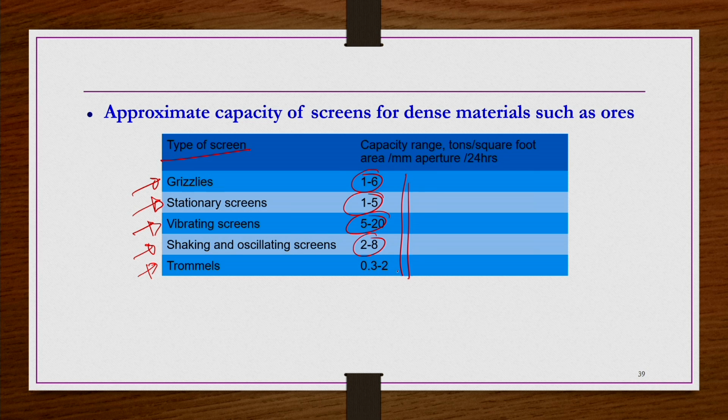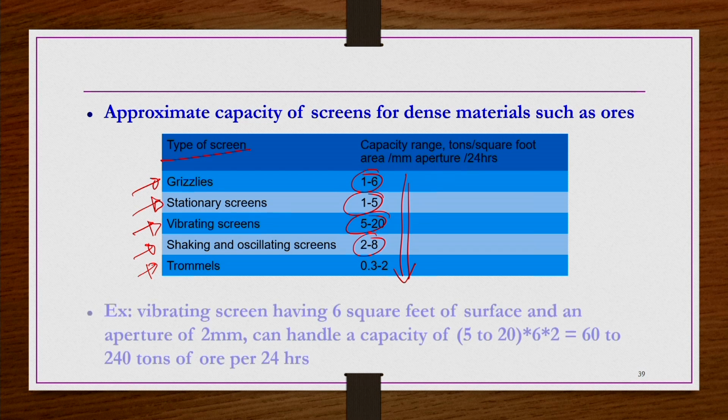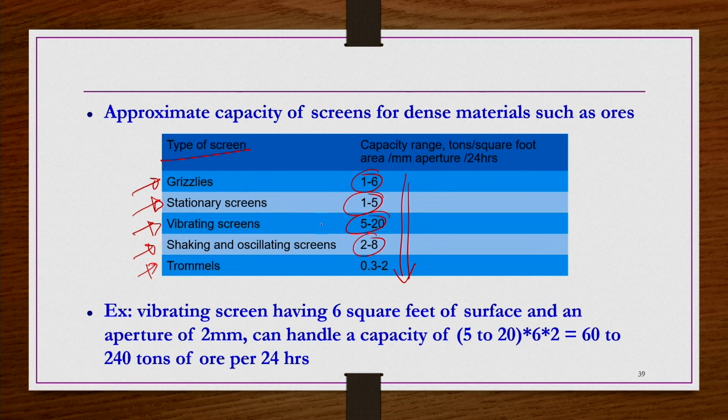How do we convert these into how much weight can be handled per hour or per day? Let us say a vibrating screen has 6 square feet of surface area and a screen aperture of only 2 mm.